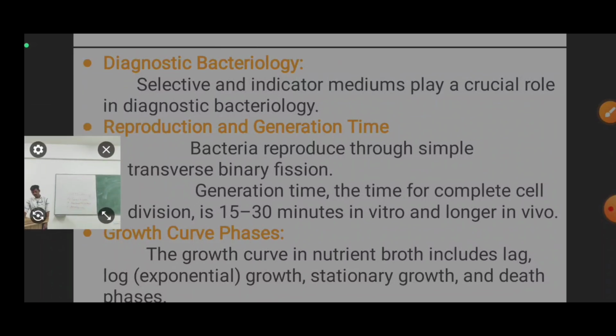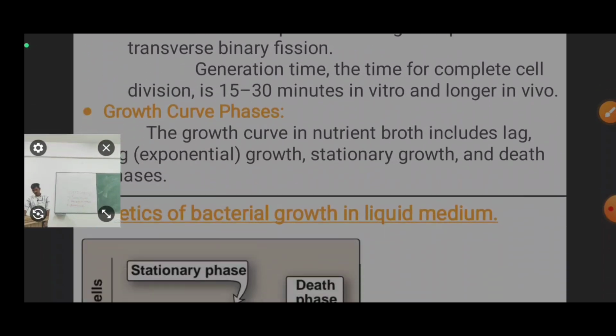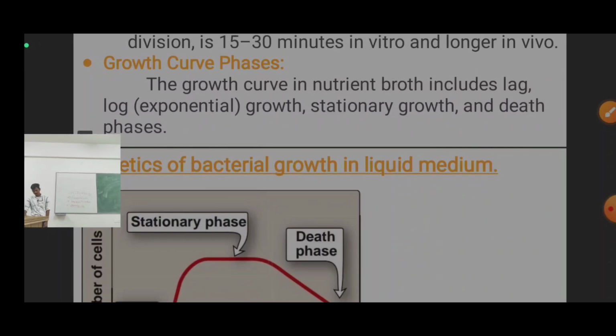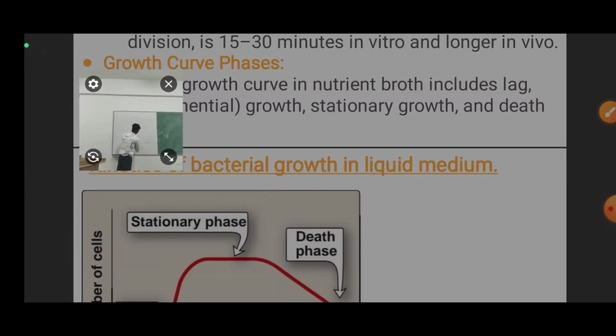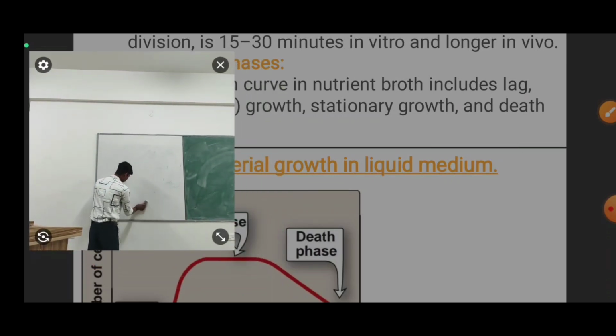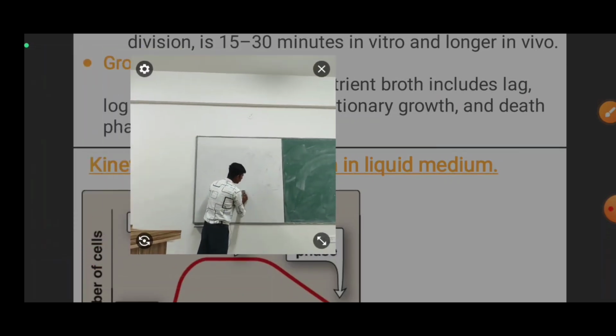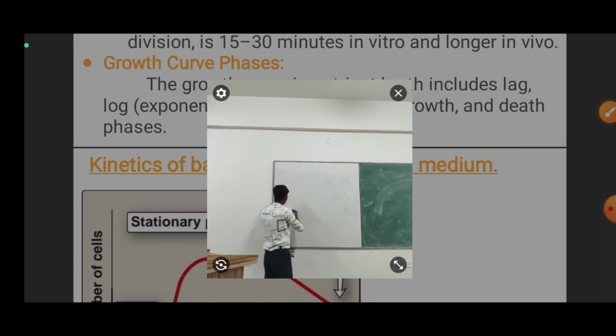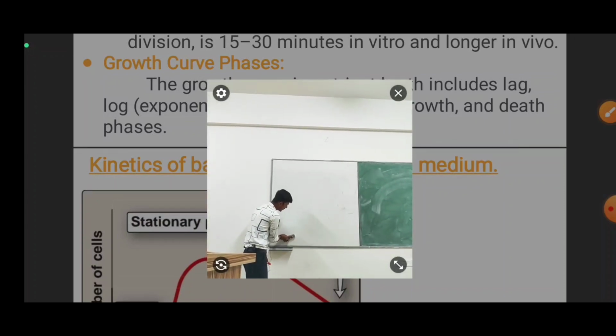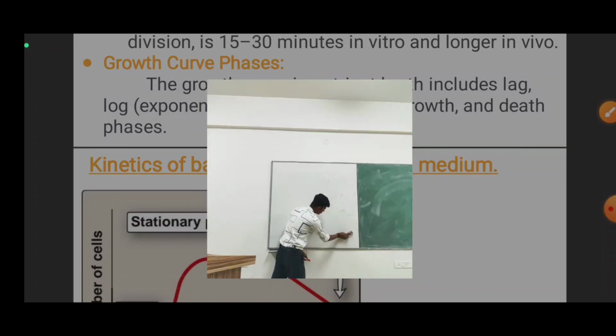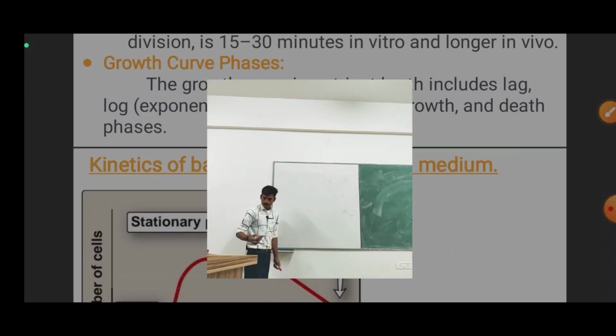Now the growth curve phase. See the slide, see the board. Microbiologists are able to present bacterial growth on one graph. That's called the bacterial kinetic graph.